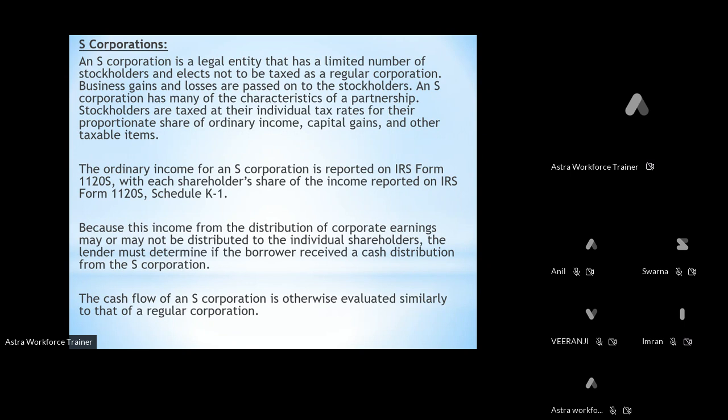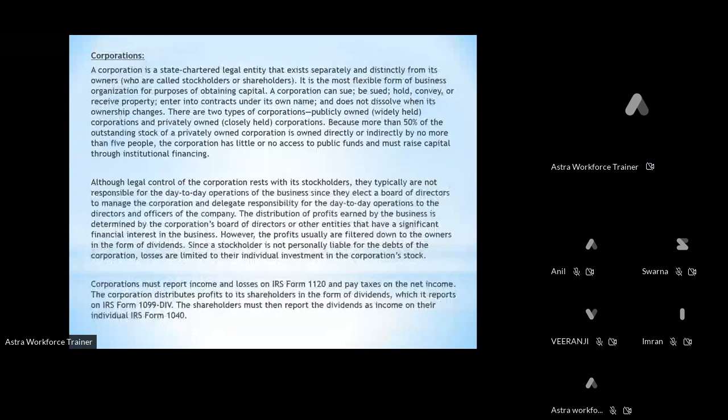In this K-1, we'll have the borrower's ownership details, what the contribution and capital from the borrower is, and how the profit is shared. It will be reflected over there. I'll show you the documentation. Corporation income.